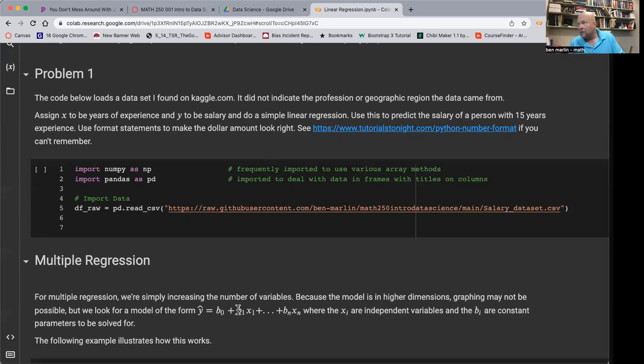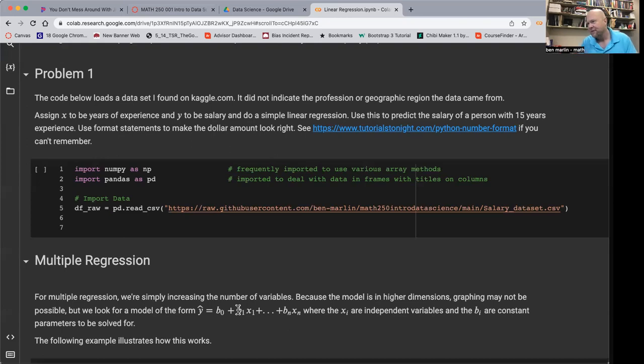And I literally just want you to go ahead and plug in x equals 15 and see what you come out with, okay? And then maybe if you've got the inclination to do it, poke around and see how you put number formats in there so that it looks nice. You can see a dollar sign and commas and so on.